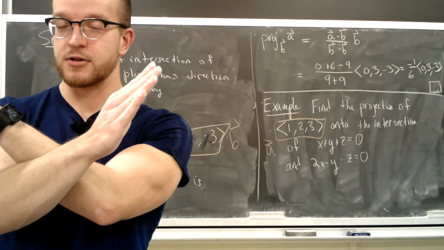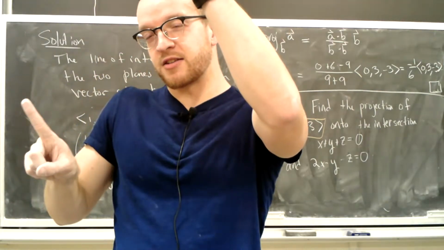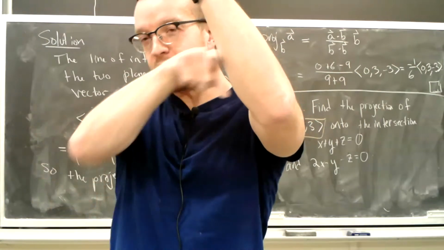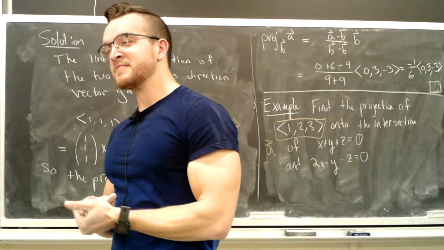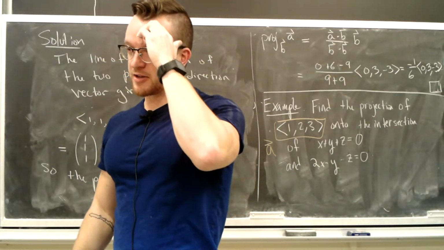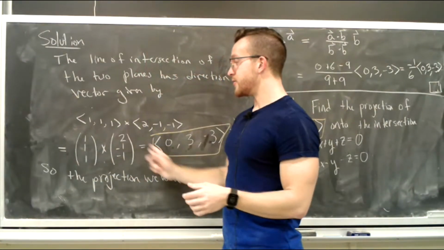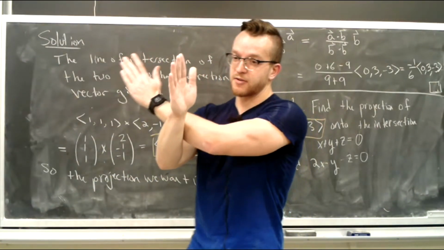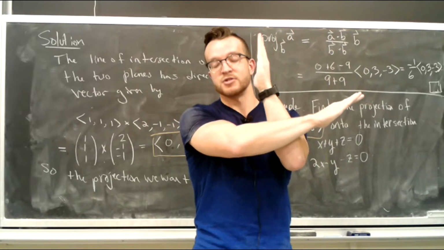If it was over here, what would it mean to project this vector onto this line? That's not so well defined for me. So I don't think that would happen in a problem like this. Maybe the thing to point out is that this doesn't change, right? If the planes were over here, you could get a vector directing that line of intersection in exactly the same way.